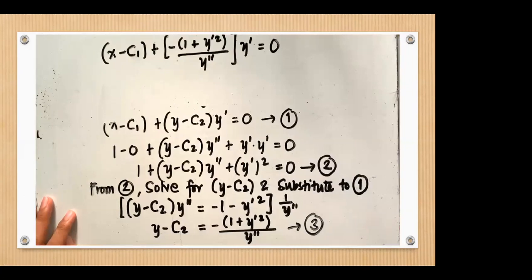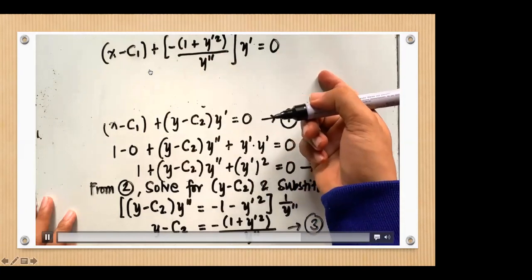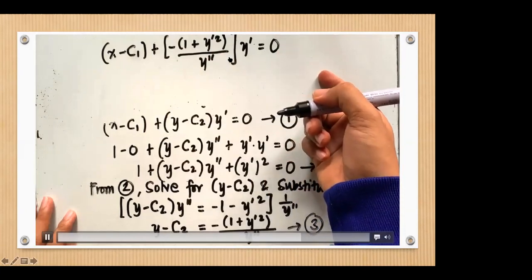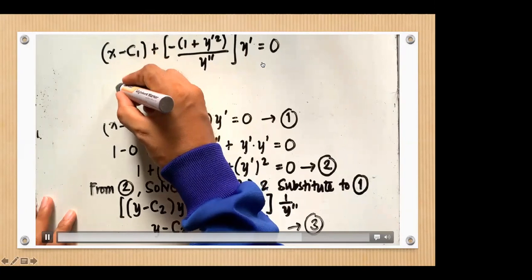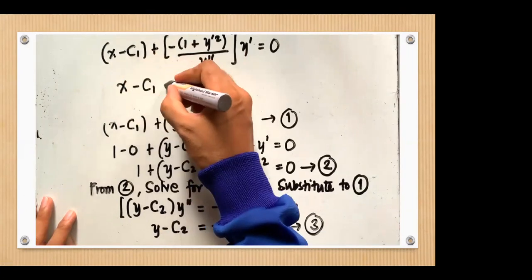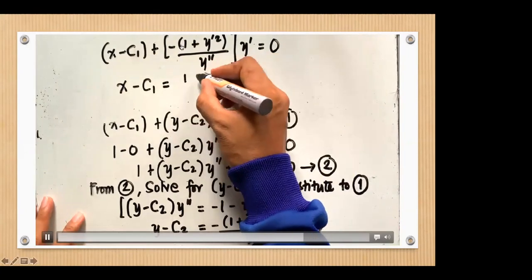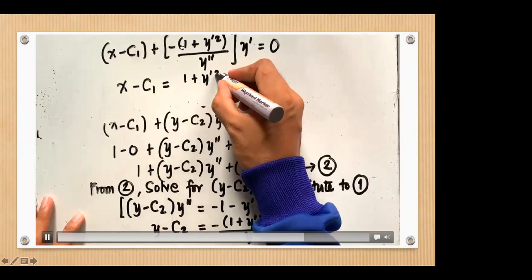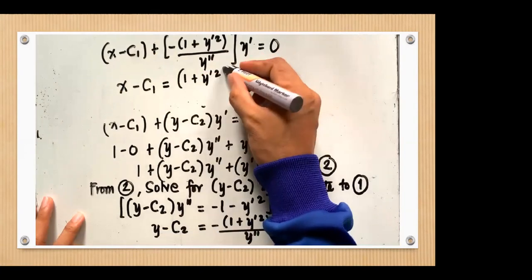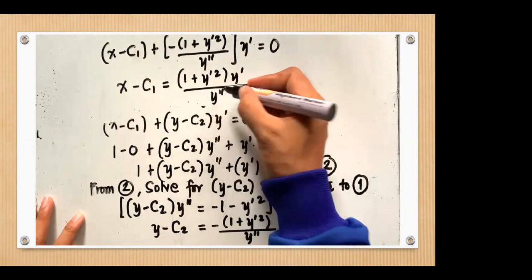Now, my objective here is to solve for x minus c sub 1. So what I will do is transpose this term to the right-hand side. That's why I have here x minus c sub 1 equals, transposing this term, na negative sign siya, magiging positive. So 1 plus y prime squared times y prime all over y double prime.